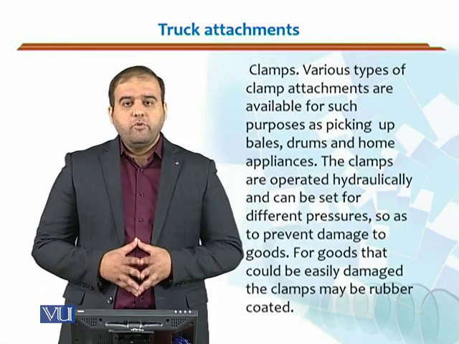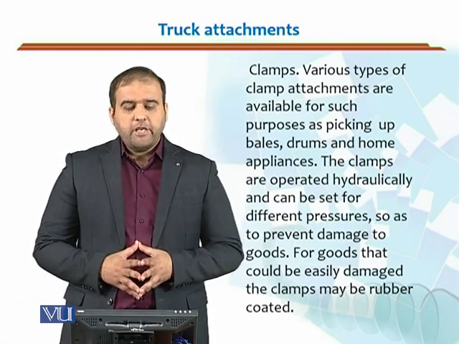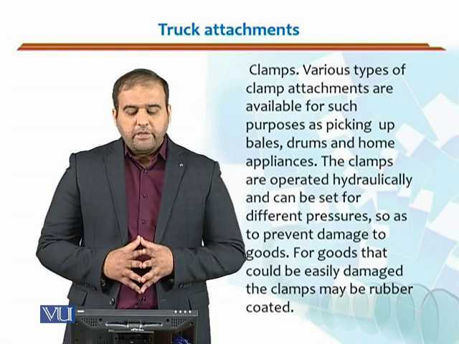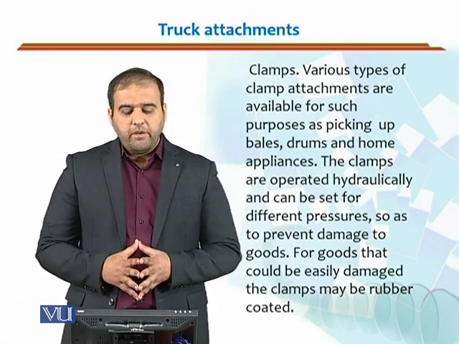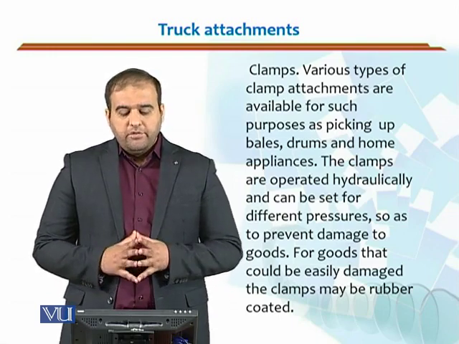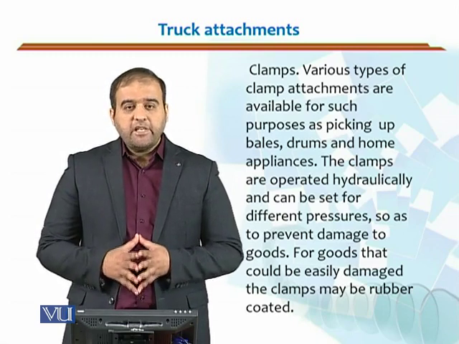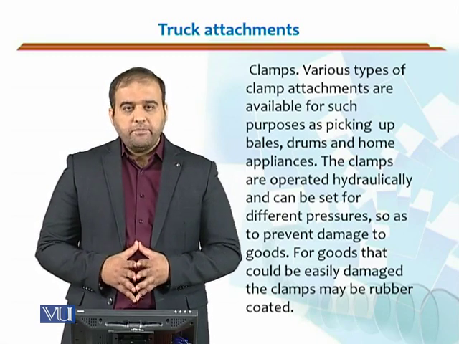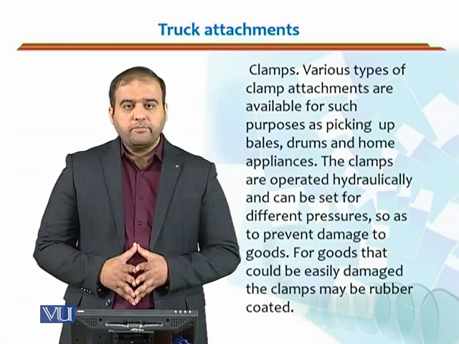The first one would be the clamp. Various types of clamp attachments are available for such purposes, such as picking up bales, drums, and home appliances. The clamps are operated hydraulically and can be set for different pressures so as to prevent damage to goods.